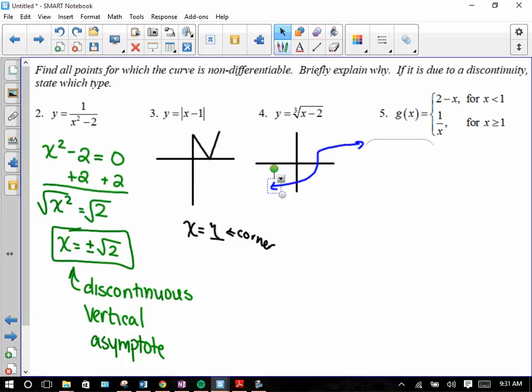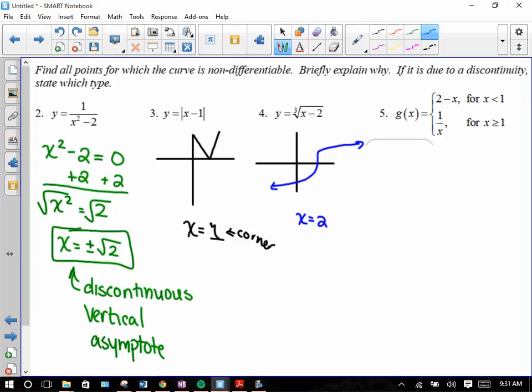Where is this function not differentiable? Well, is this discontinuous?